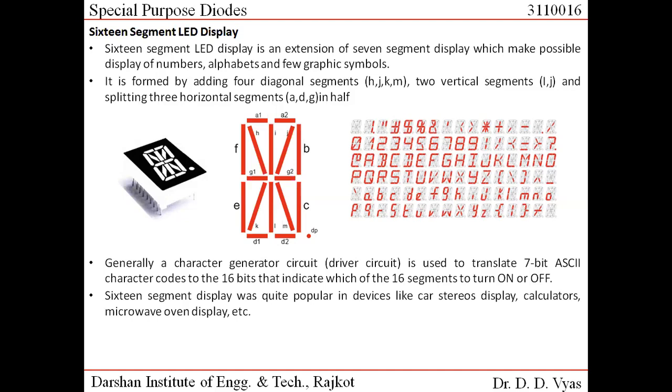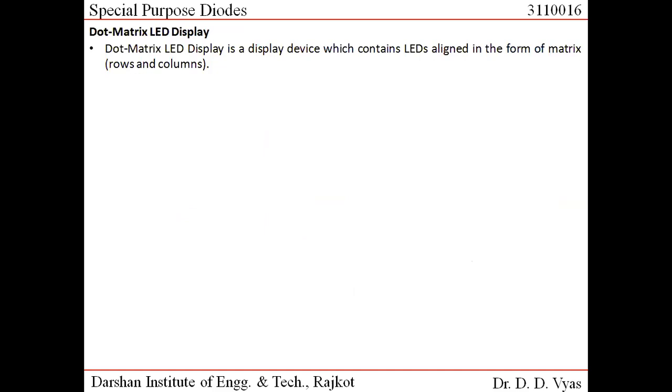Let us discuss one more variety of LED based display which we call the dot matrix LED display. A dot matrix LED display basically contains LEDs that are aligned in the form of a matrix.